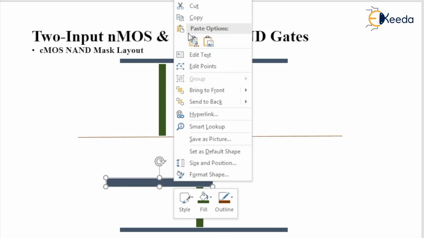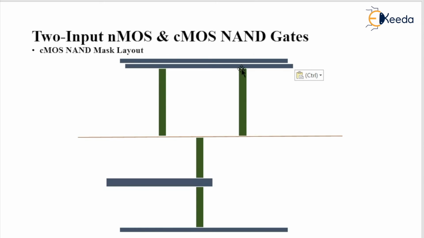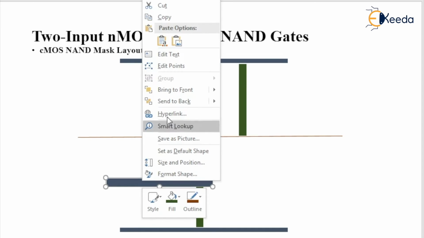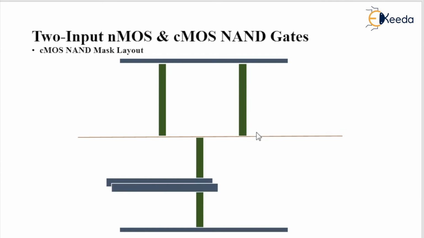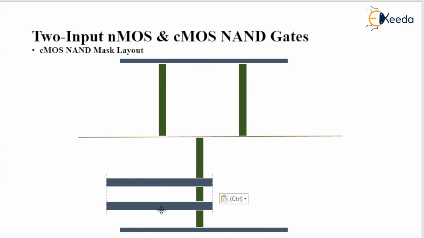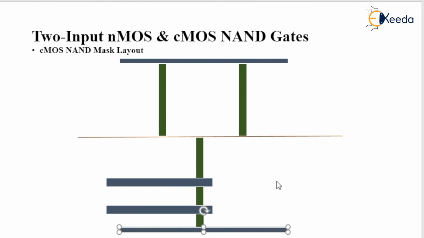Next, simply copy this one, paste it. When I copy this one, we get the exact dimensions for both the transistors.